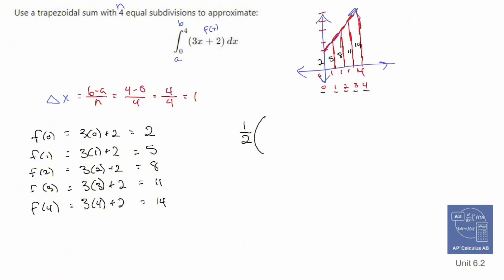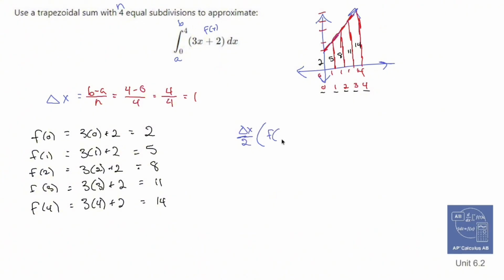Now, let me actually write out the actual formula first, because it's a gross formula. It's change of x over 2. All of this is coming from the idea of the area of a trapezoid, but we're adding a bunch of trapezoids. The change of x over 2.